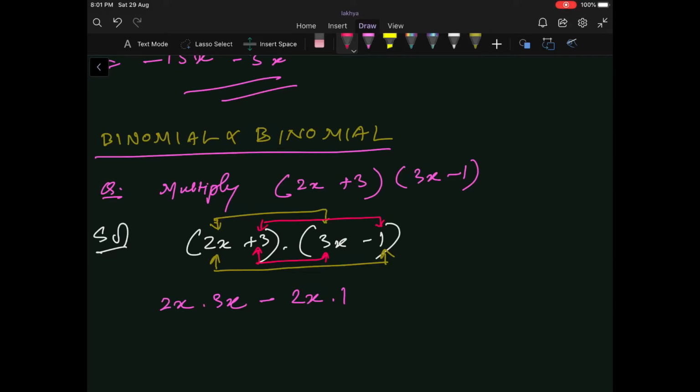Okay, so now first of all, what to do? First multiply 3 with thrice x. Okay, so both the terms are positive, so here sign should be plus, 3 into thrice x, then multiply this 3 with minus 1. Okay, plus 3 into minus 1.